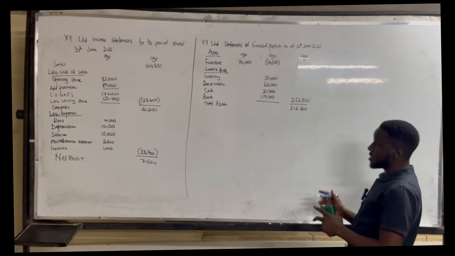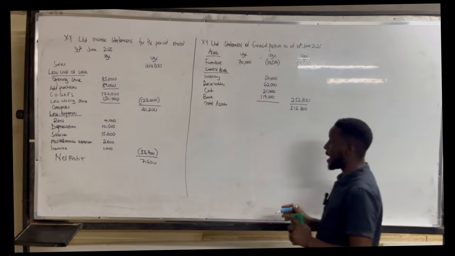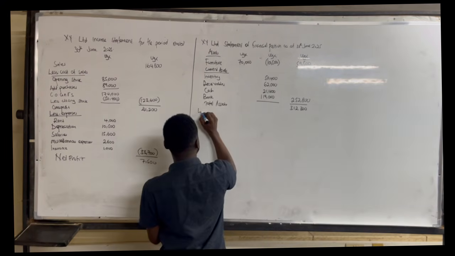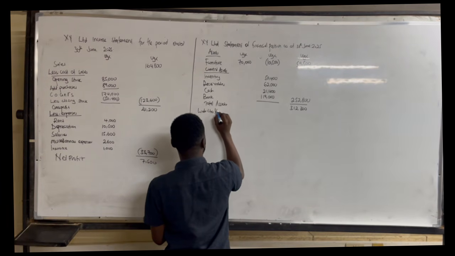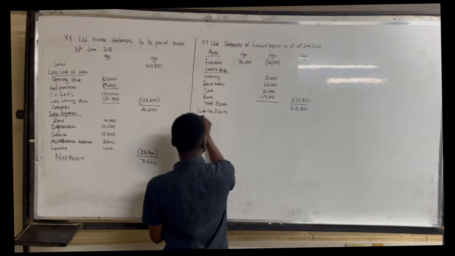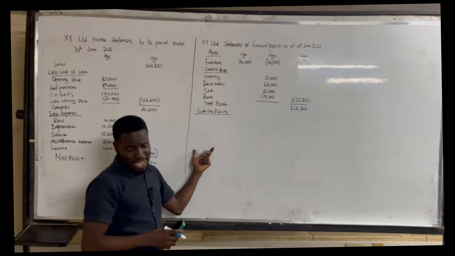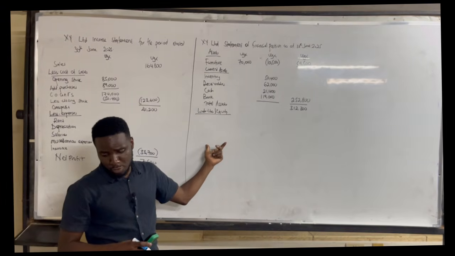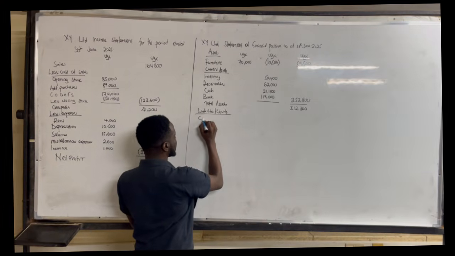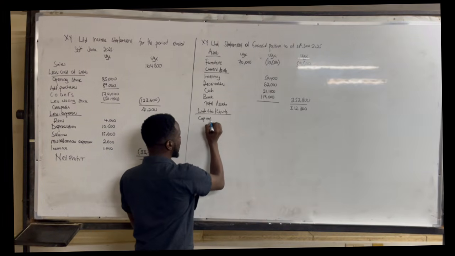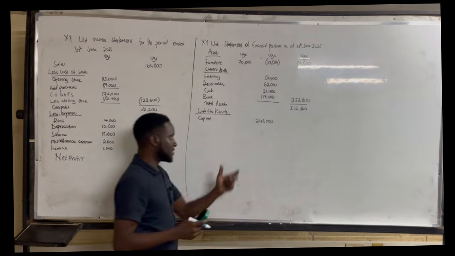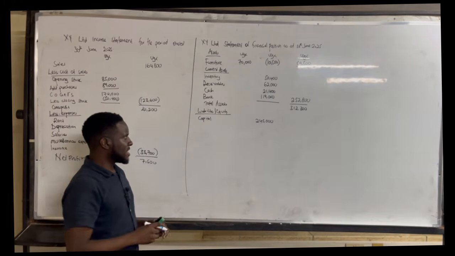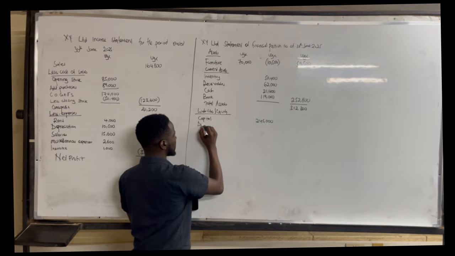Then after that, we go on to find the liabilities and equity. So with liabilities and equity, we start with the equity. In the equity, we had the capital of 245,000. Remember, they gave us the capital within the question. So the capital is 245,000. We add it here like this. Then we are going to list the drawings.